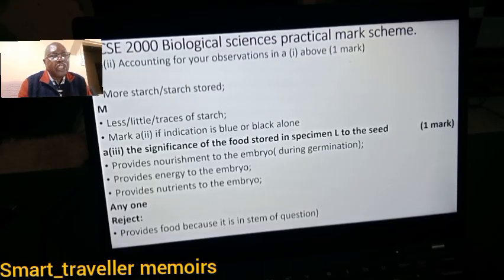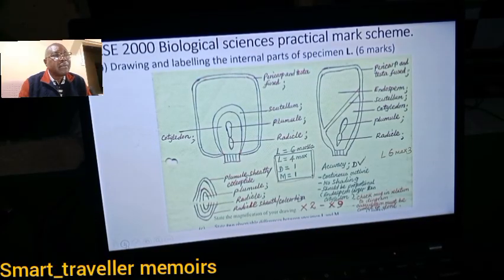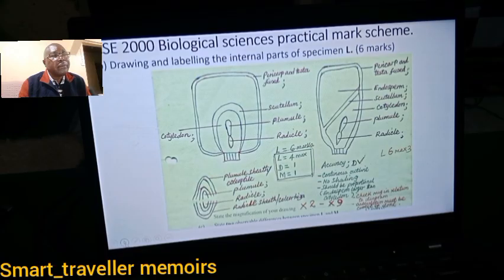Check magnification in relation to the diagram. If calculation is done, it must be done correctly. Labeling: pericarp and testa fused, scutellum, plumule, radicle, and cotyledon.